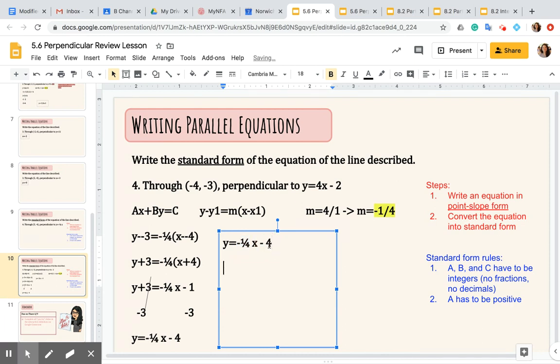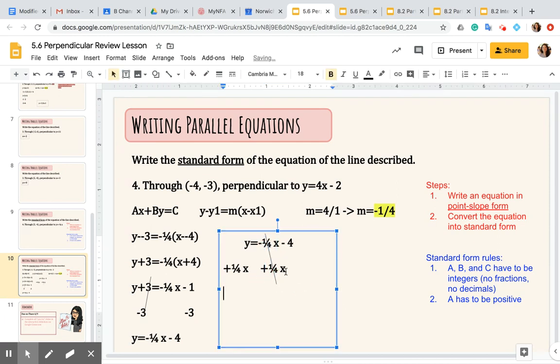All right, next thing that I need to do is I need to get the x term over here. So in order to do that, I look at the sign. It's a minus, so I need to add it. I'm going to add 1/4 x to the left, and I'm going to add 1/4 x to the right so that they cancel.